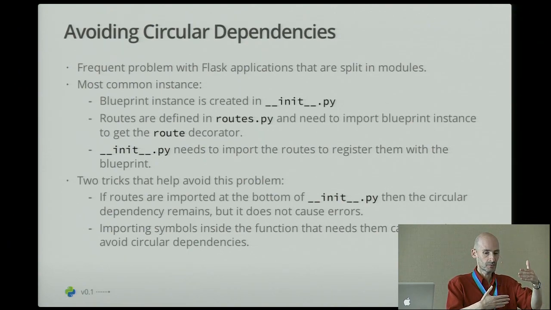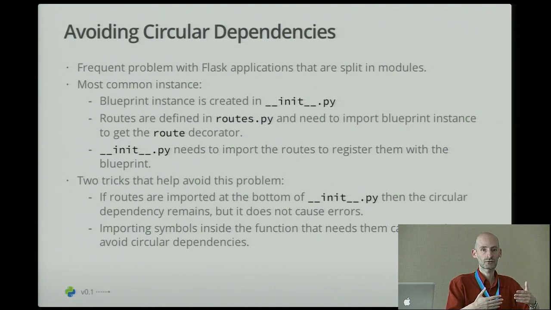So basically both need to import each other. If you put the routes at the top in your package constructor, then it's going to fail because both need each other and they never get time to see each other, to get Python to parse all of them.